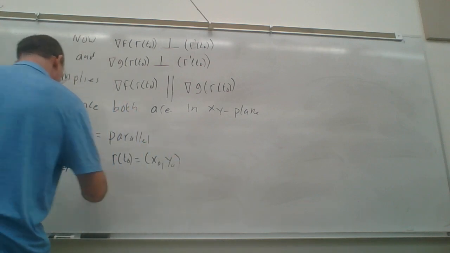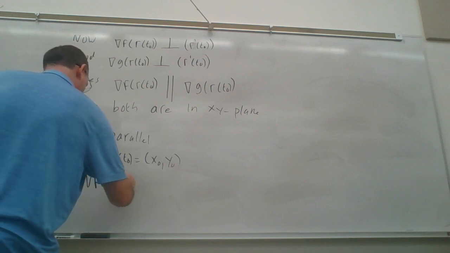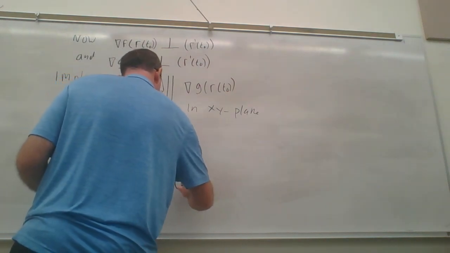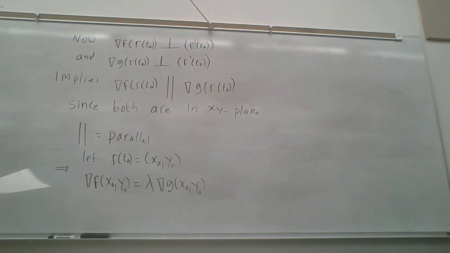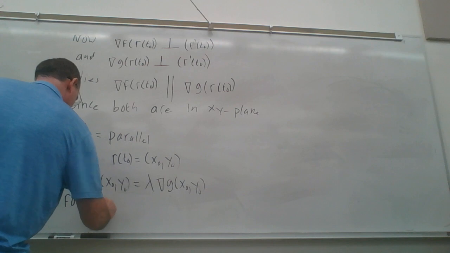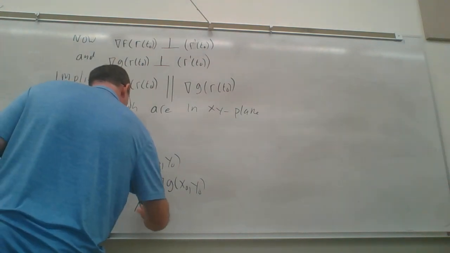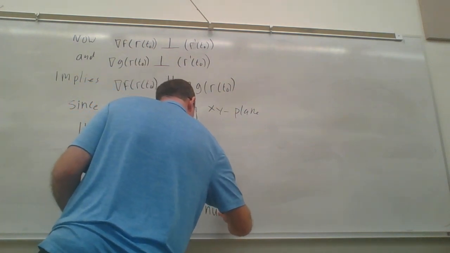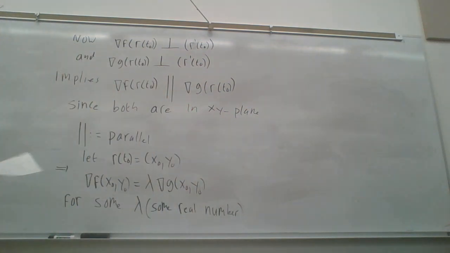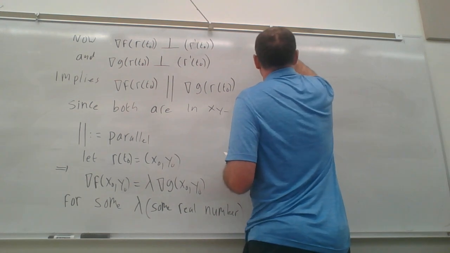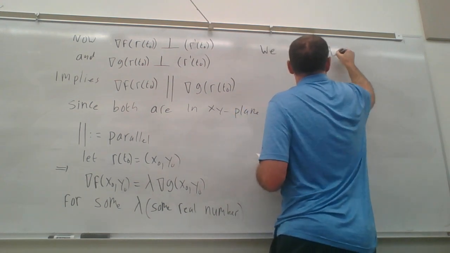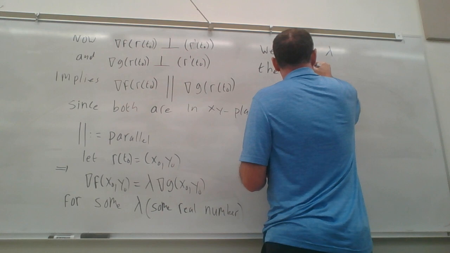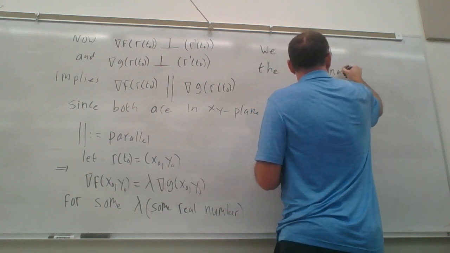Then we have the gradient of f at (x0, y0) equals lambda times the gradient of g at (x0, y0), for some lambda, some real number. We call lambda the Lagrange multiplier.